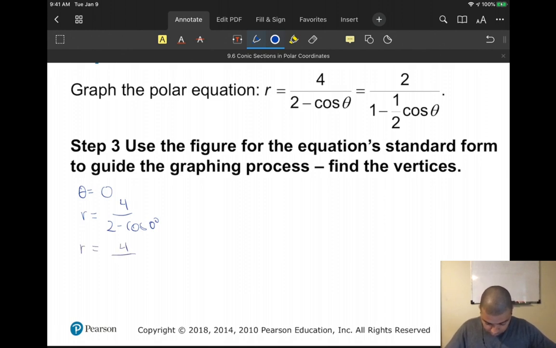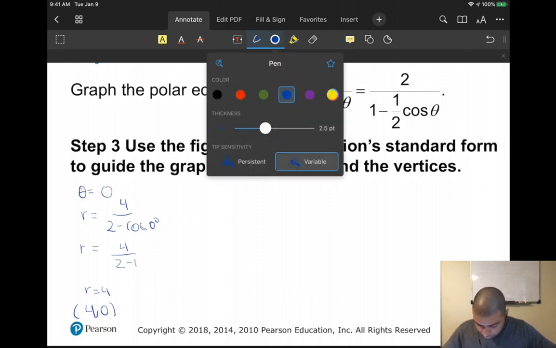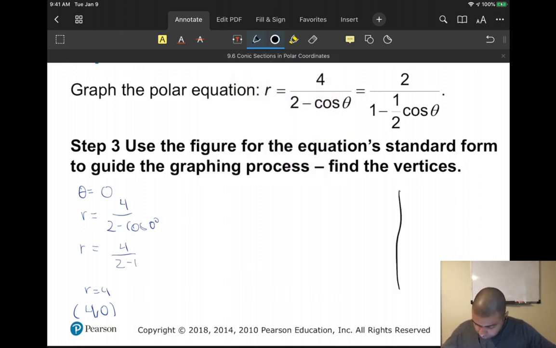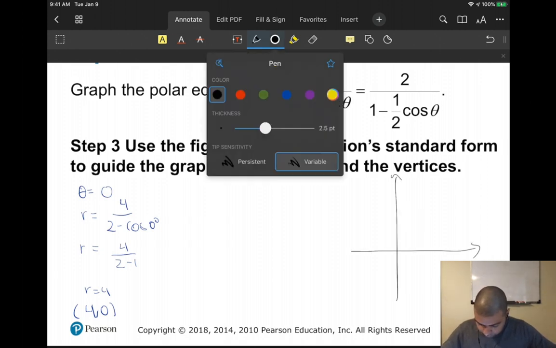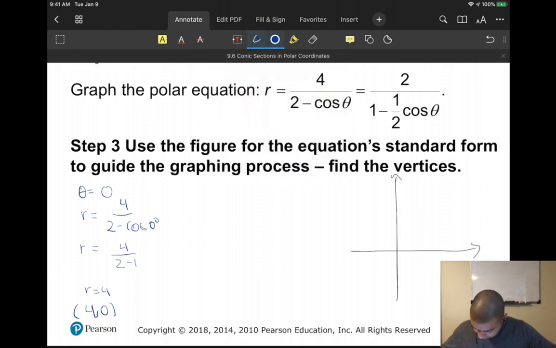Cosine of 0 is 1, remember, so that's 2 minus 1, which is a 1. So r equals 4. So we have a point (r, theta) of (4, 0). And if I graph it, it's not x, y, remember, it's r, theta this time because it's polar coordinates. So we have a 4 right here in the 0 direction, in the 0 angle.